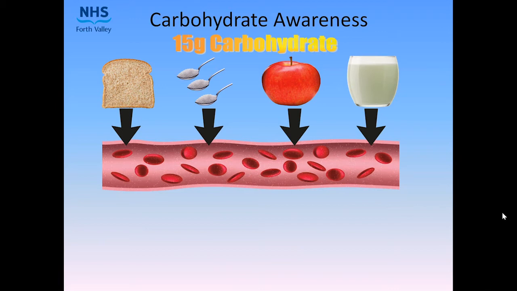You may think that added sugars cause the fastest release of glucose, but the quickest releasing carbohydrate is actually starch, or in this example, bread. That's because starches like bread, pasta, potatoes, and cereals are made up of glucose molecules only. That makes it easier and quicker for the glucose to get into your bloodstream.